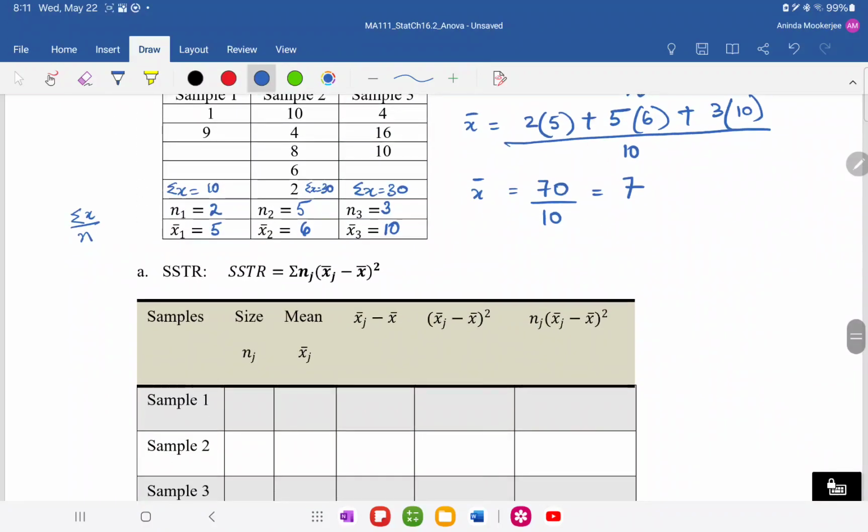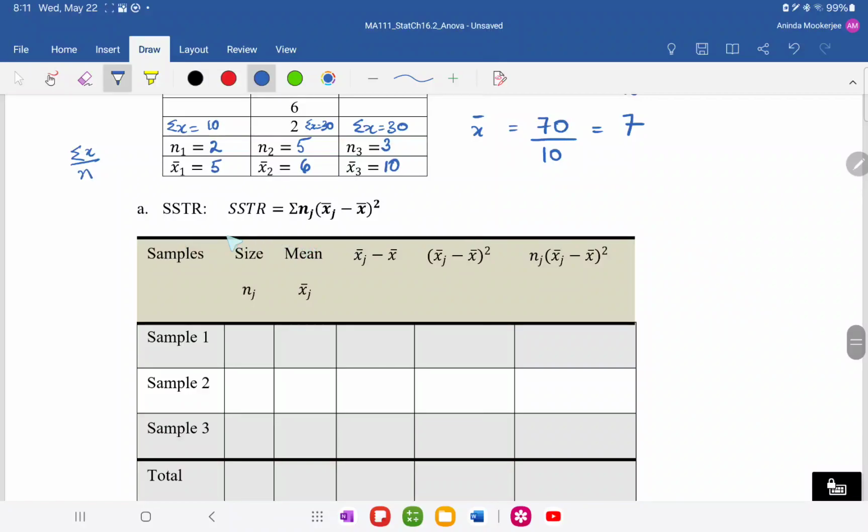Now we are going to find our SSTR, which we need to find MSTR later on. Keep in mind our F value goes with this formula. Let me write it down on the side: F equals MSTR over MSE.